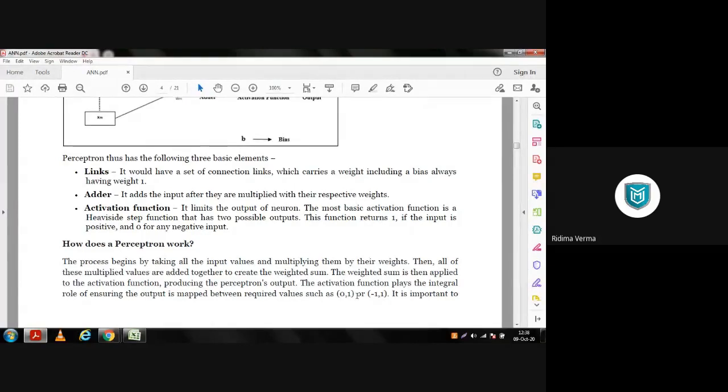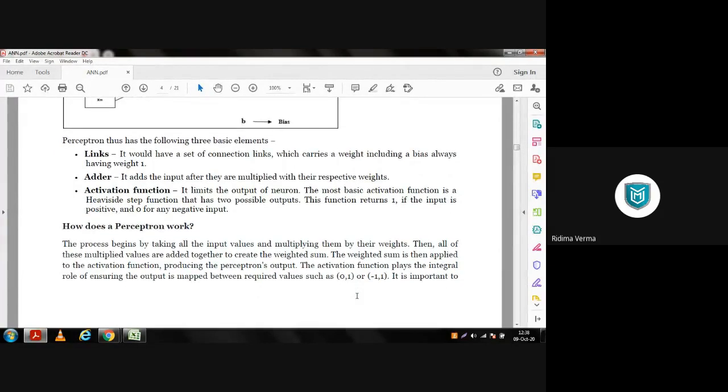Okay. So next, let us discuss how a perceptron works. The process begins by taking all the input values and multiplying them by their weights. Then all of these multiplied values are added together to create the weighted sum.